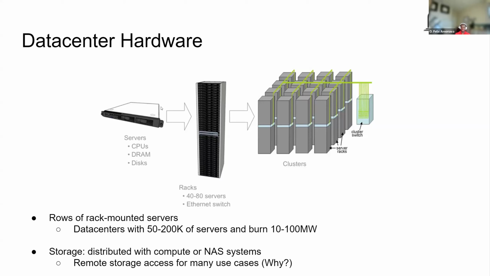And a rack can contain anywhere from 40 to 80 different servers within a single rack, with an Ethernet switch that plays a role within that rack. Now, when you take the servers and build a rack composed of servers, then you can build a cluster composed of racks that are connected to each other via Ethernet switches. And essentially, you would have a cluster switch that also enables clusters to talk to the other clusters.